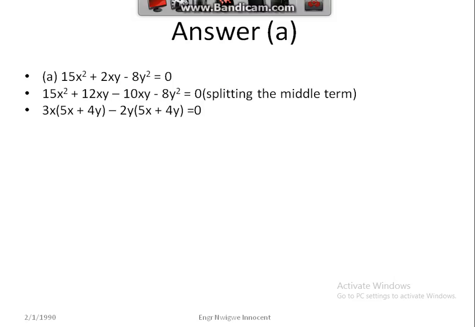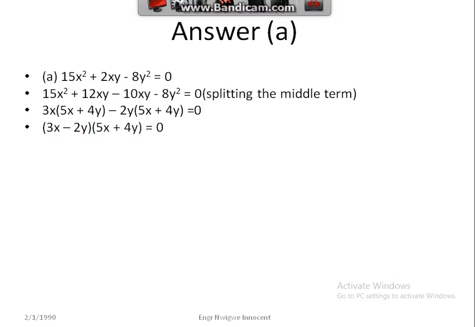Then, collecting the common factors outside the bracket, we now have 3x in bracket 5x plus 4y close bracket, minus 2y is the common factor of 10xy and 8y. Then we now have minus 2y bracket 5x plus 4y equals to 0.